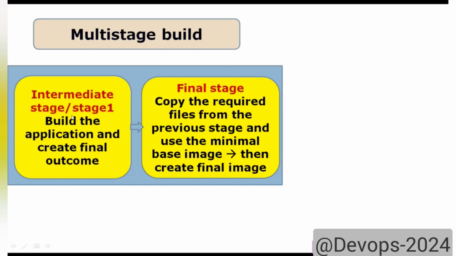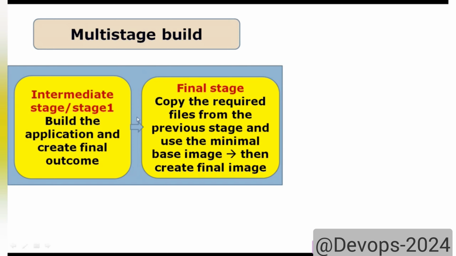Then it will go to the second stage. In the second stage, simply refer to the first stage, the intermediate stage, and then it will copy the files we need. Docker will automatically take care of copying from the first stage to the second stage. You don't need to bother about that.